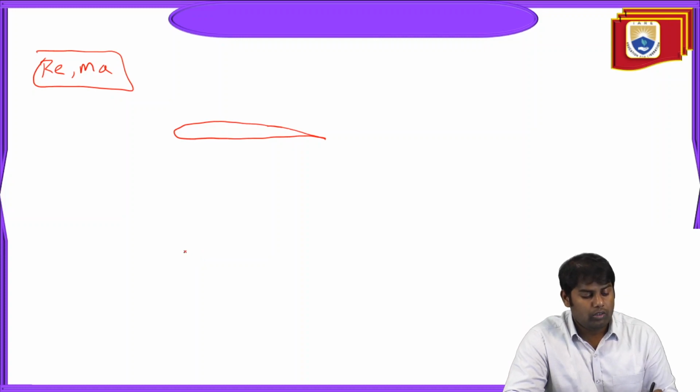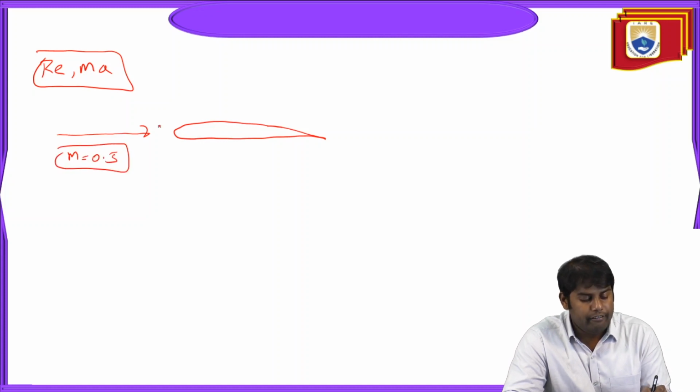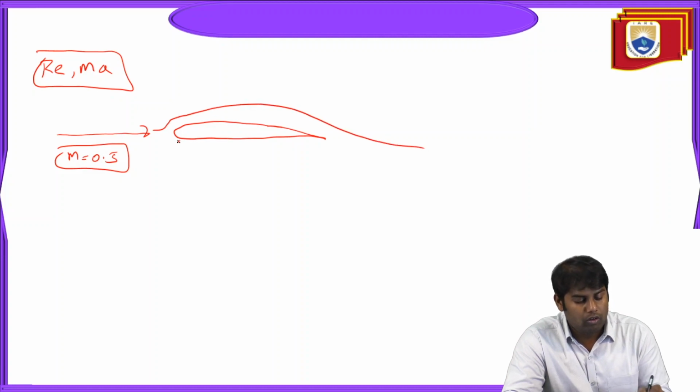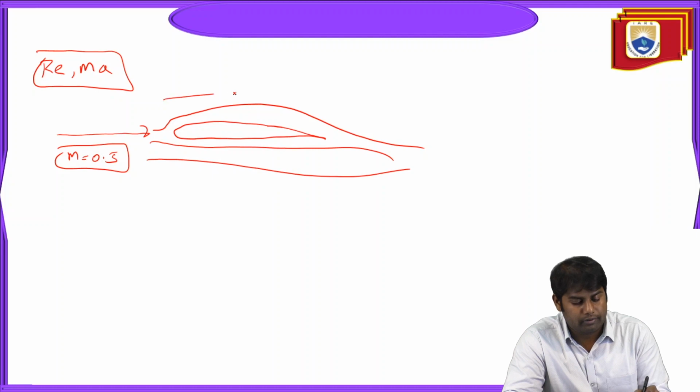The cambered airfoil is used for the wing, and the symmetrical airfoil is used for the tail section of the aircraft. Now, when you are performing the flow over the airfoil in subsonic flow, let's say the Mach number is 0.5. Then each and every section, any point you take in the flow, will be subsonic.